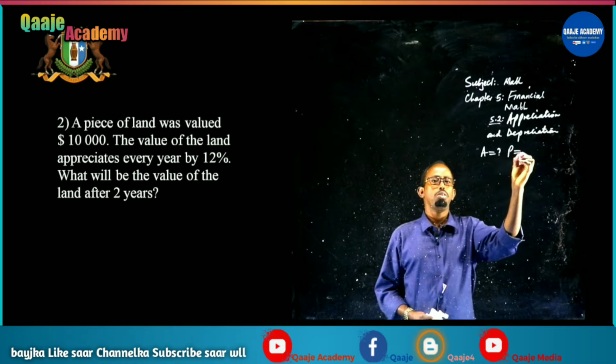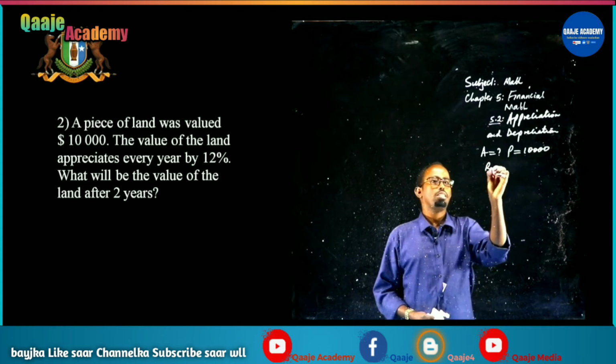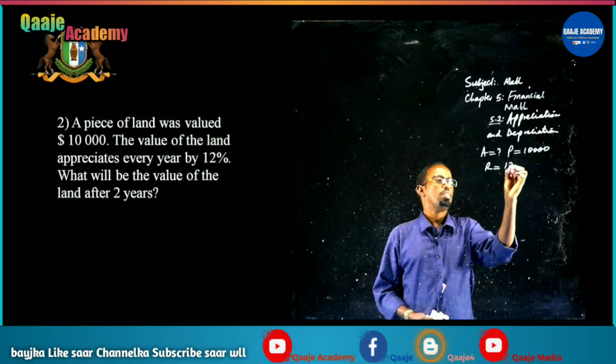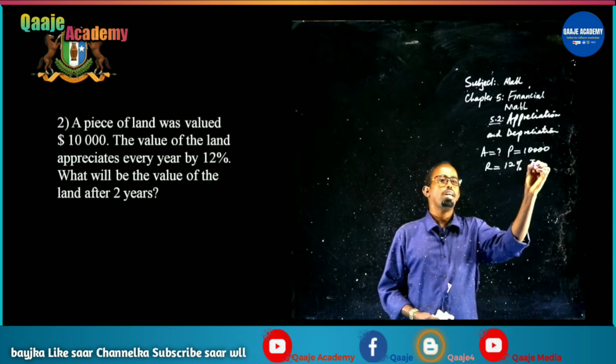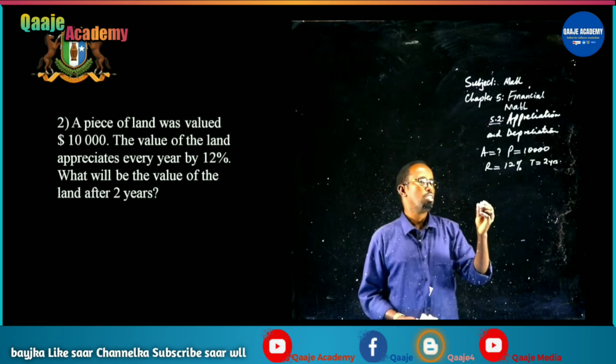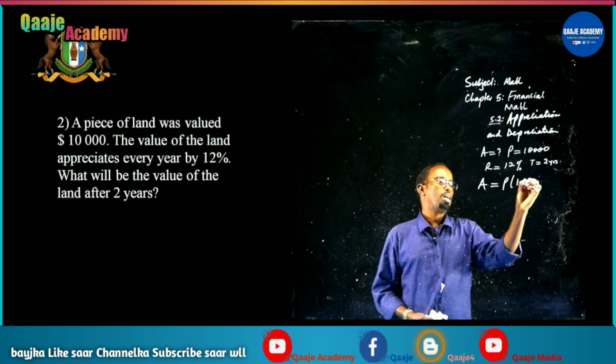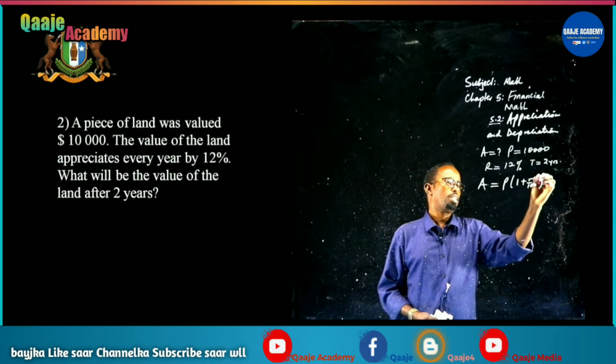We know the principal amount is 10,000. And then we know the rate is 12%. We know the time taken is 2 years. So since this is appreciation, we'll be using plus. So P into bracket 1 plus R over 100 into bracket N.